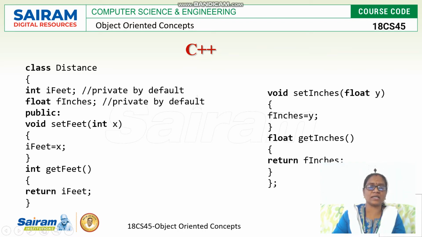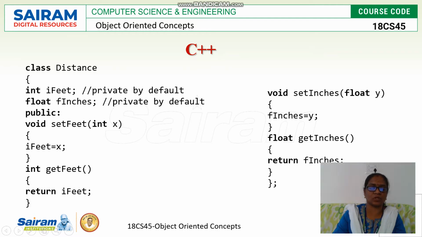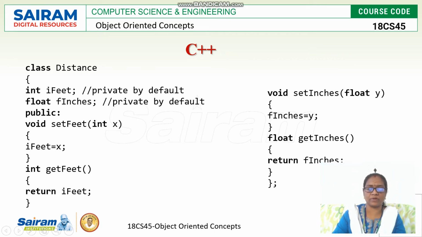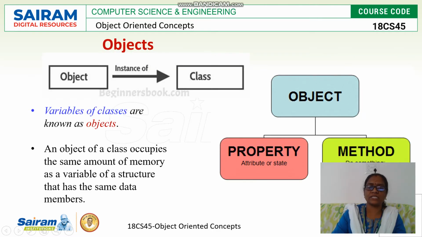So private is the default access identifier in C++. Then the remaining four member functions, whatever we have seen in the previous struct concept, set feet, get feet, set inches and get inches, these four different member functions are declared inside the class, right? So we will see how the structure is replaced by the class.